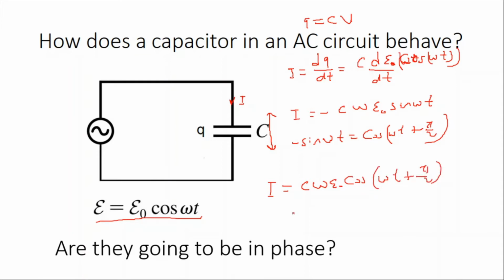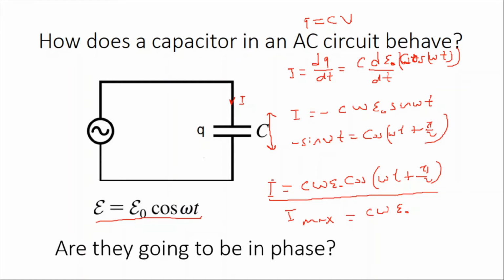As you see here, this cosine function can get a maximum value of 1. If this is 1, then C omega epsilon 0 is the maximum value of the current. Here is the function for the current, and this is the function for the voltage. Both are cosine functions, and one difference between them is pi over 2.